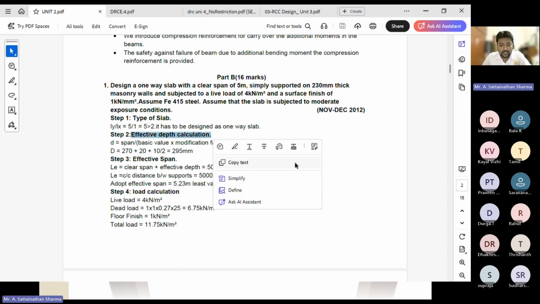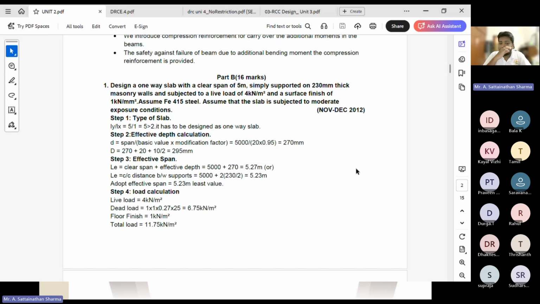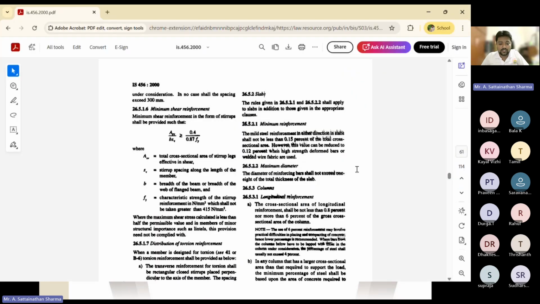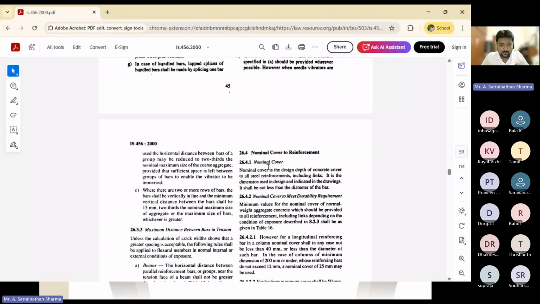Depth calculation. Again, this also I have told you already. Once the spanning classification is done, then the other type of classification is support classification. Correct? So support classification: cantilever, simply supported or continuous. How do you find this? So it is already given in the code, span by depth ratio. I don't know where it is.